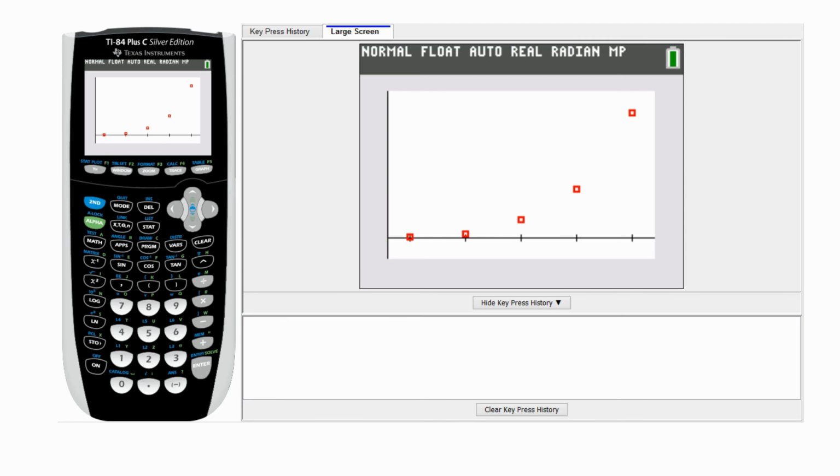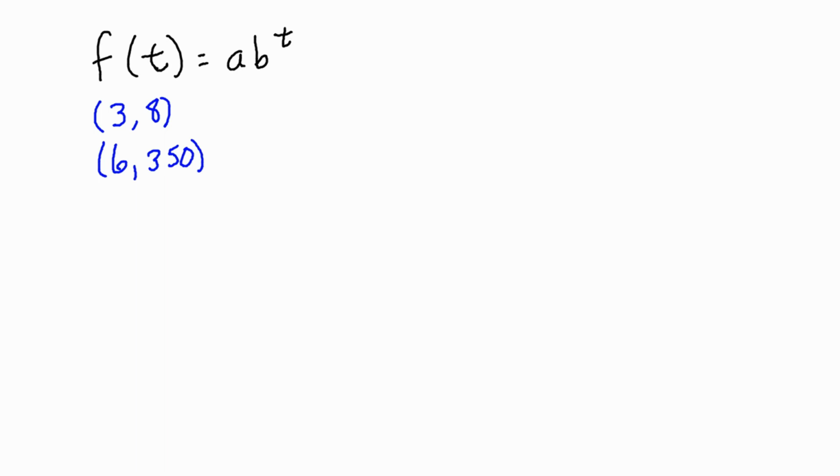The best points to use for our curve will be the first one and then the fourth one. Using our equation f of t equals a b to the t, our first point 3, 8, and our fourth point 6, 350, we want to try to find b then a. So to find b, we have to write our proportion.